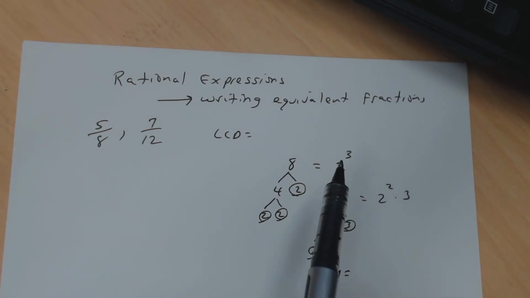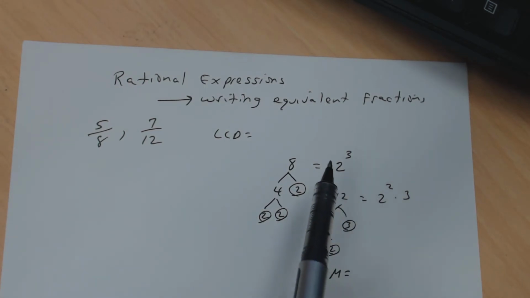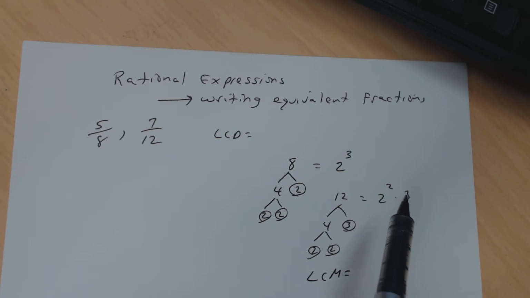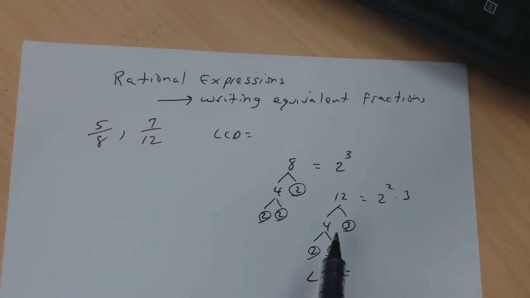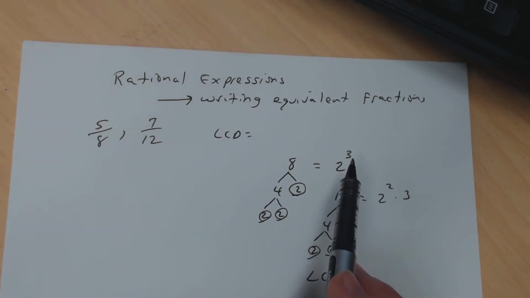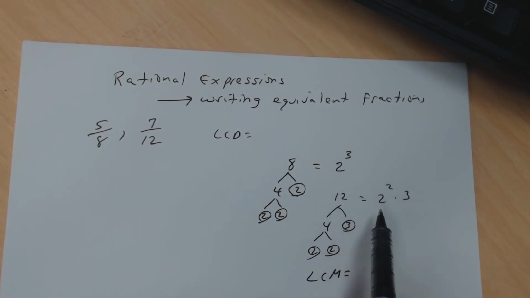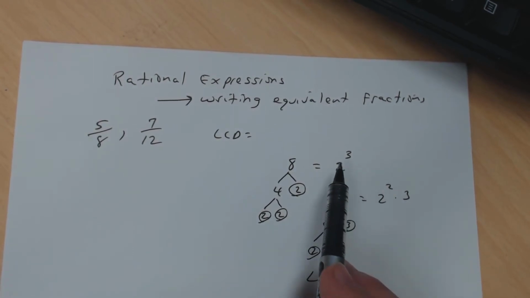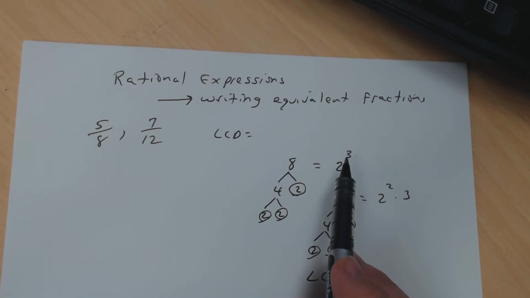So you have to distinguish between GCF and LCM. I have factors of 2 here and here. I have a factor of 3 here, but none here. But I will still need a factor of 3 in my least common multiple. For 8, which is 2 to the third power, there are 3 factors of 2. Here there are 2 factors of 2, so I need the one with the largest amount of factors.